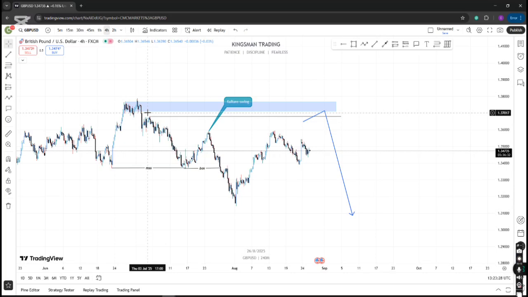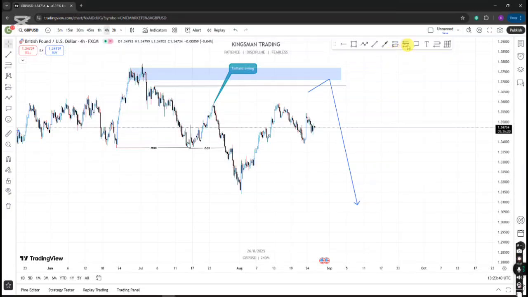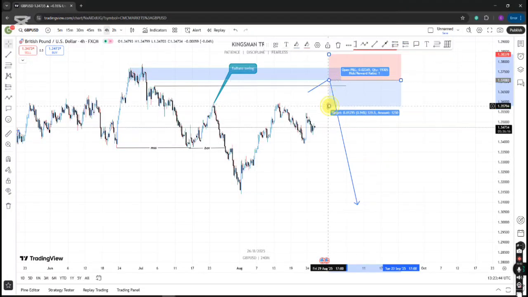That's where the reversal, or the change in state of market delivery, happens. So that's where your high probability setup lies. That's basically all for this video, and I'll see you on the next video.